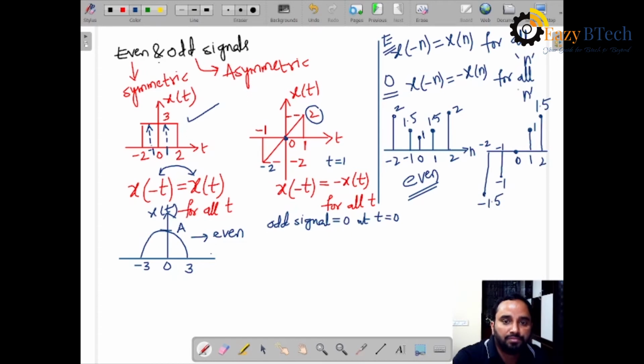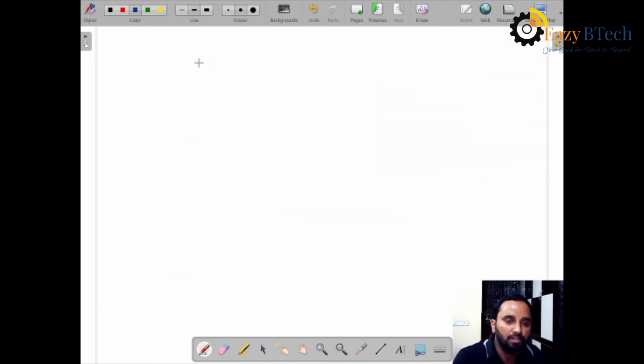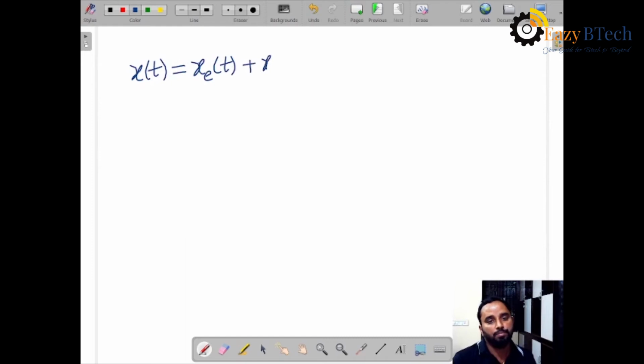Next, one more important point about even and odd signals. Any function or any signal, like x of t, a continuous time signal, we can write like this: even part plus odd part. Any signal we can write as the sum of an even part and an odd part. This is called the even part of the signal, and this is the odd part of the signal.